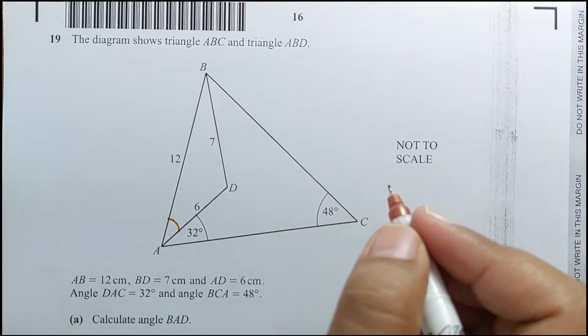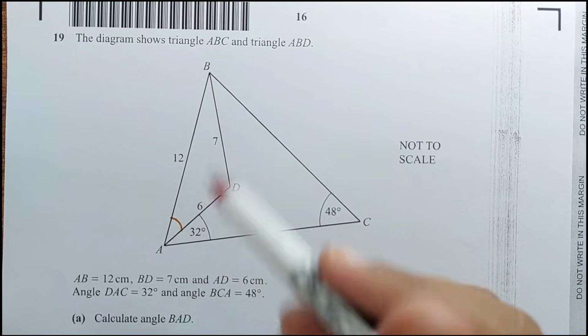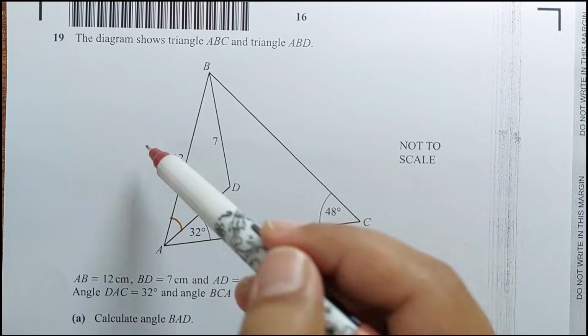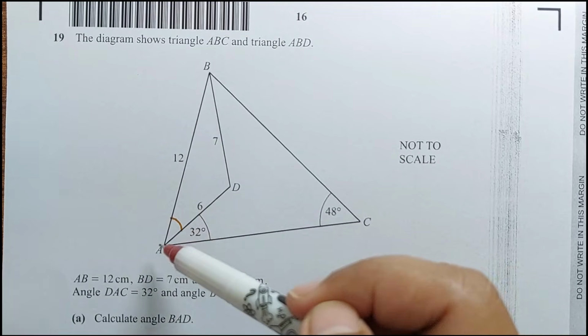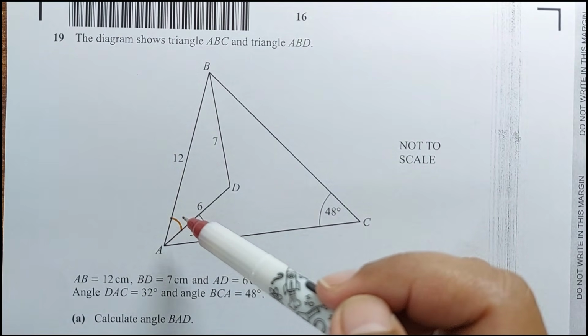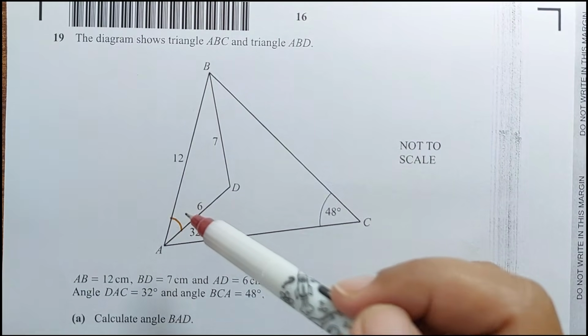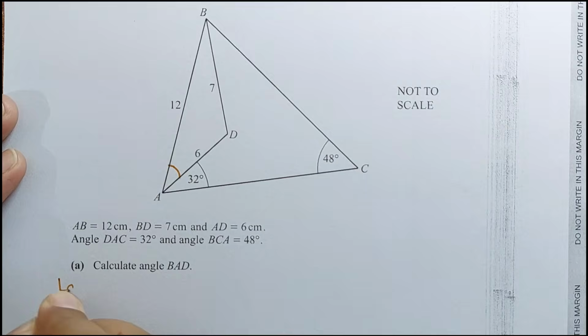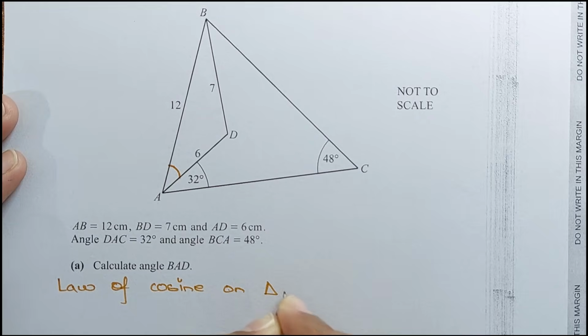Okay, so you can see if you consider the triangle ABD, we have all the three sides of this triangle, but we don't have any angle. When all the three sides are given and we have to find one angle, we apply the law of cosine, right? So law of cosine on triangle ABD.